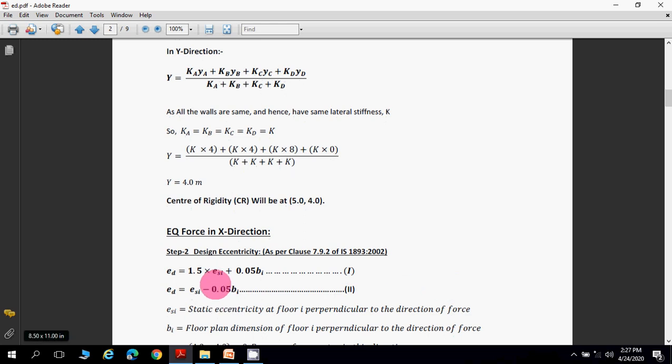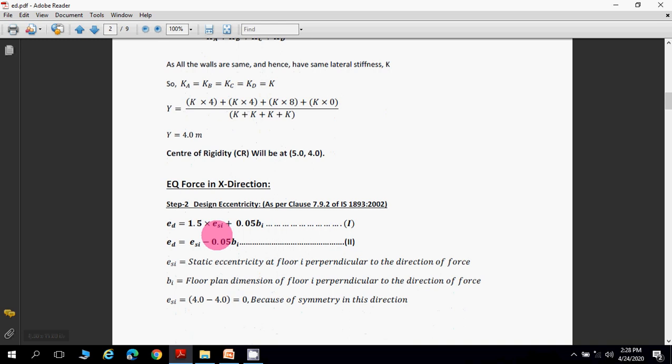ED is given by 1.5 times esi plus 0.05 times bi, where esi is the eccentricity perpendicular to the direction of force. If we are considering the force in the x direction, then the eccentricity will be taken in the y direction. Similarly, bi is the floor plan dimension of floor i, perpendicular to the direction of force. So when we consider the earthquake force in the x direction, bi will be considered in the y direction.